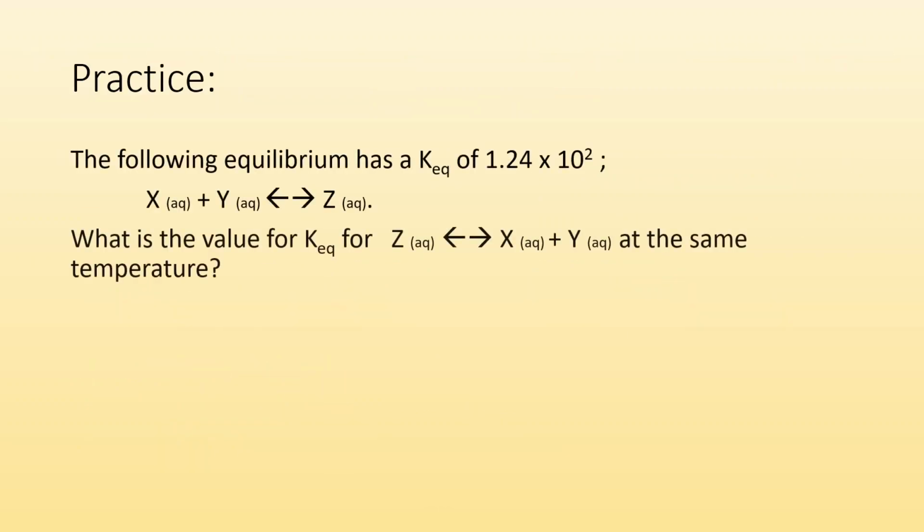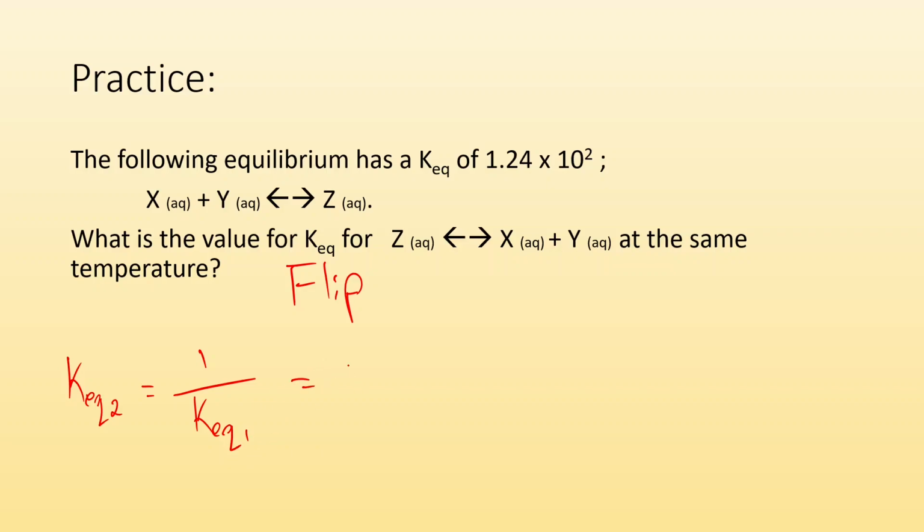Here's some practice. The following equilibrium has a KEQ of that number. Here it is. What is the value for KEQ for this equilibrium at the same temperature? Oh, hey, well, what's the difference here? All I did was flip the way I wrote it. So my new KEQ, I'm going to call that KEQ 2, is going to equal 1 divided by the original KEQ because I flipped it.